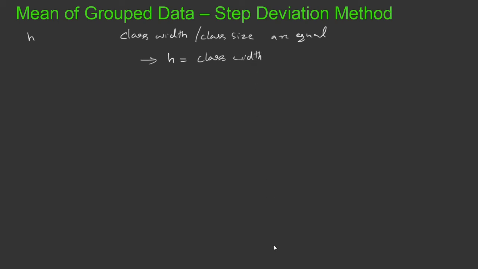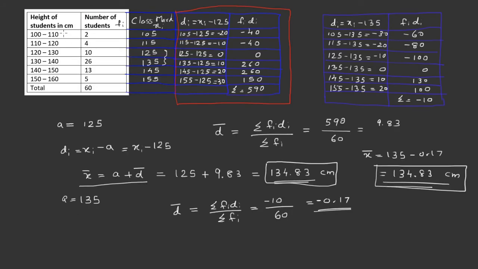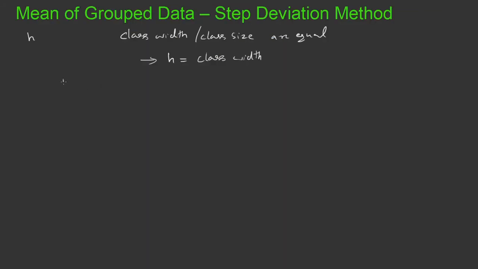Why? We can see in the previous example, the class width is same here, that is 10. Di here is a multiple of 10. So, if I divide with the class width, I will get a smaller integer, which is more easy to multiply. That is, I am denoting another ui, that is equal to di divided by h.